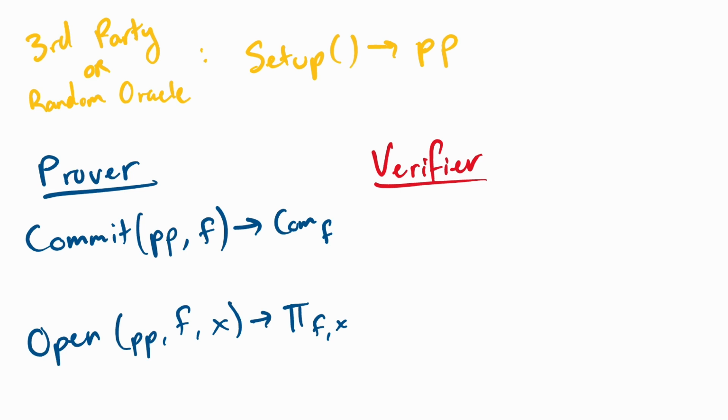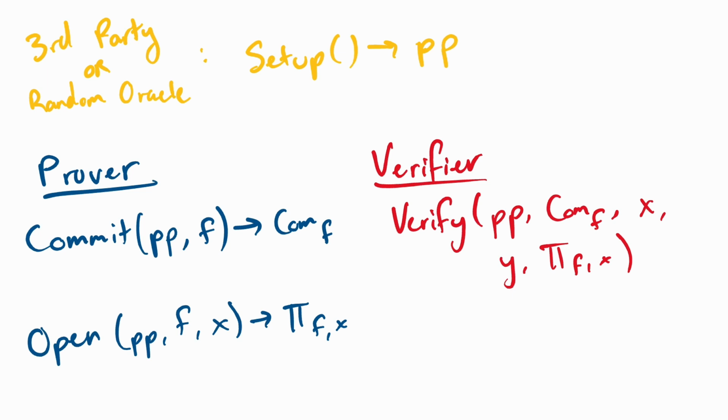And lastly, the verifier has a verify algorithm which takes in the public parameters, the commitment to f, the input x, and the candidate value y, as well as the opening or proof pi_fx, and checks if f of x really is equal to y or not.